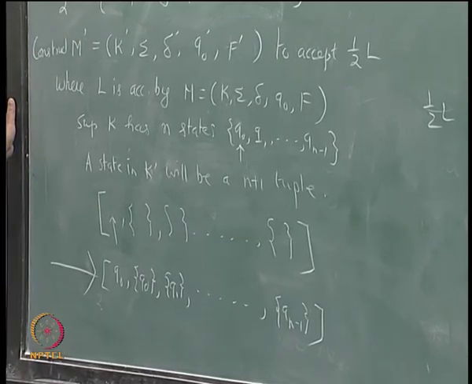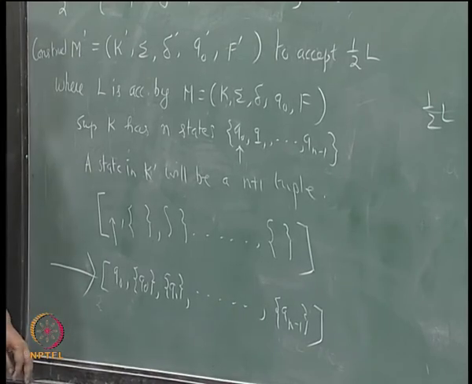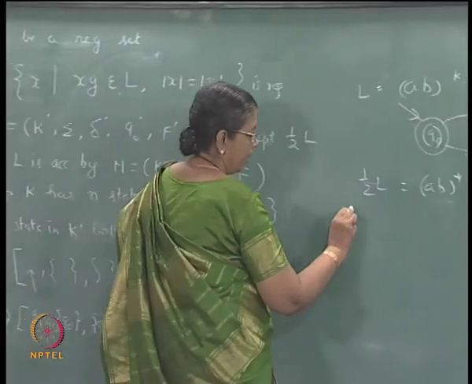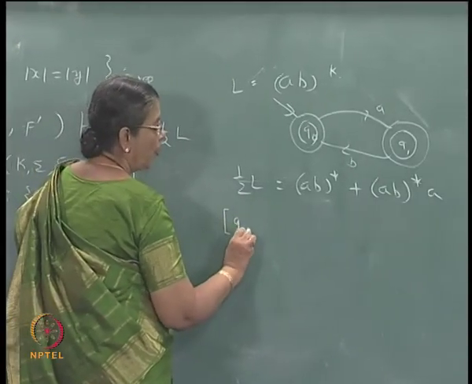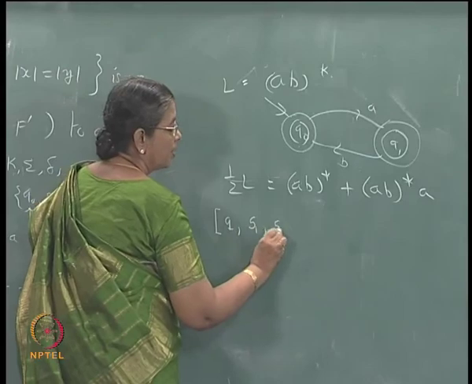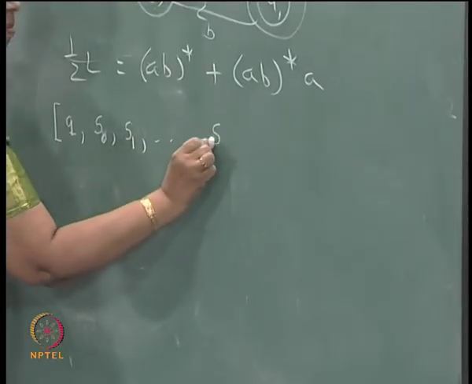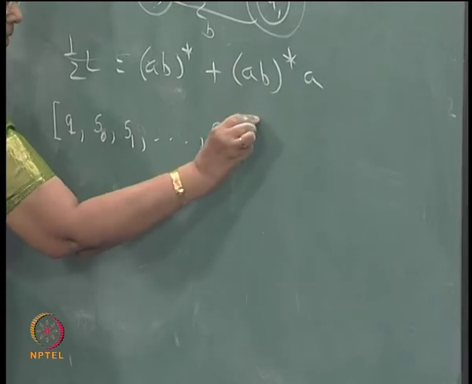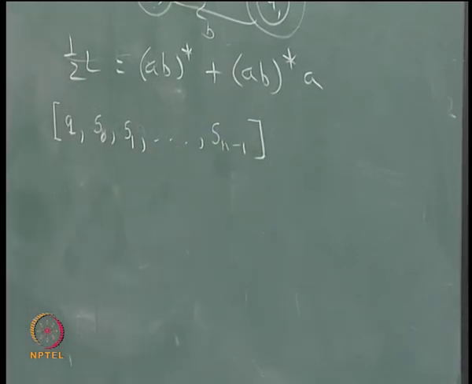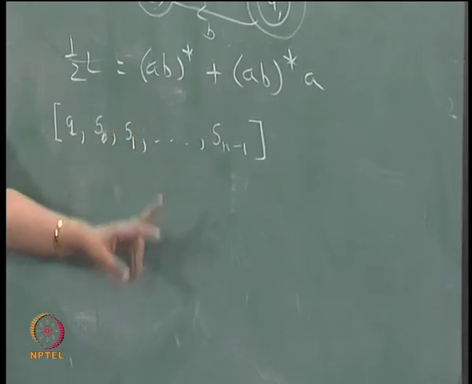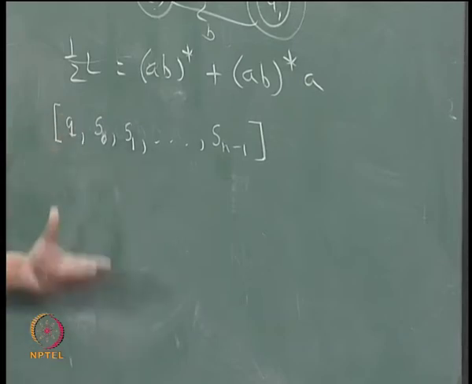How do you define the mappings? A state is of the form Q, S naught, S1, up to Sn minus 1, where Q is a single state and S naught, S1, S2, up to Sn minus 1 are subsets of states from K.